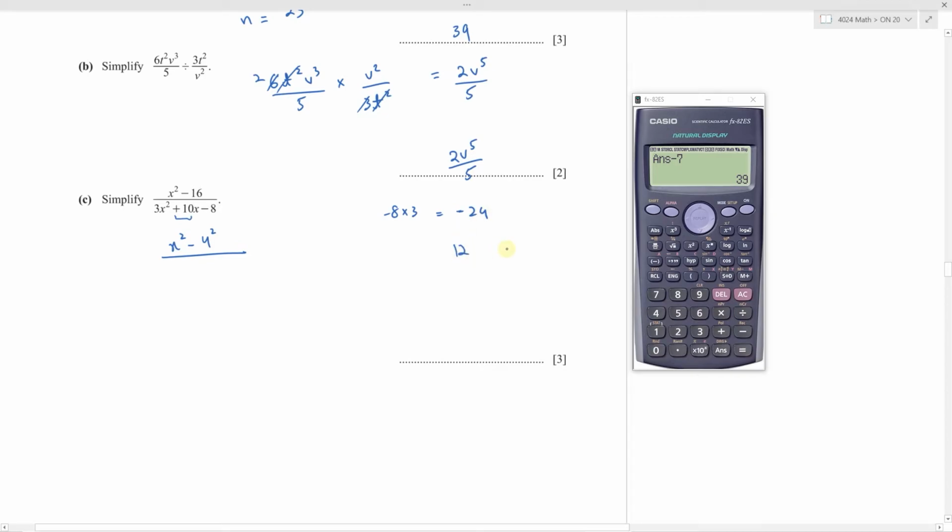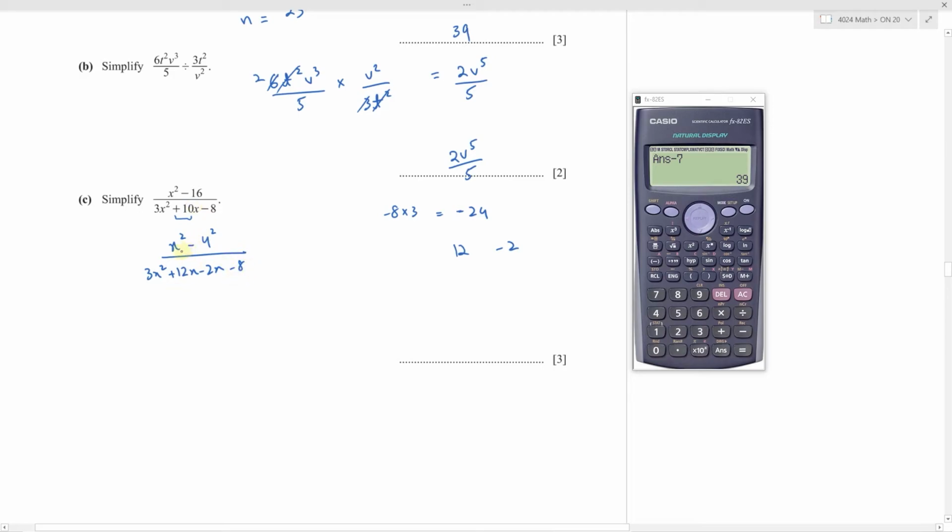So 12 and minus 2 are the two factors that I'm looking for here, because if I multiply them, I get minus 24. If I subtract them, that means 12 minus 2, I get 10 here. So I can write 3x square plus 12x minus 2x, which is plus 10x, and then minus 8.